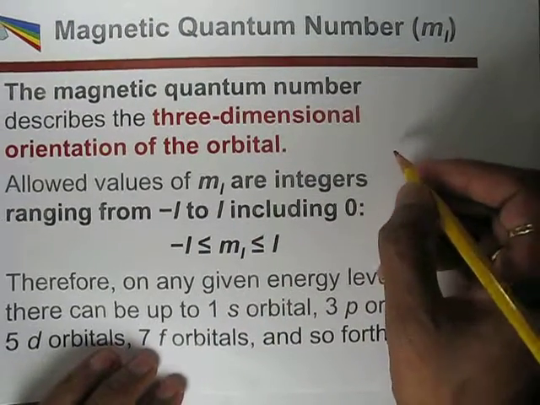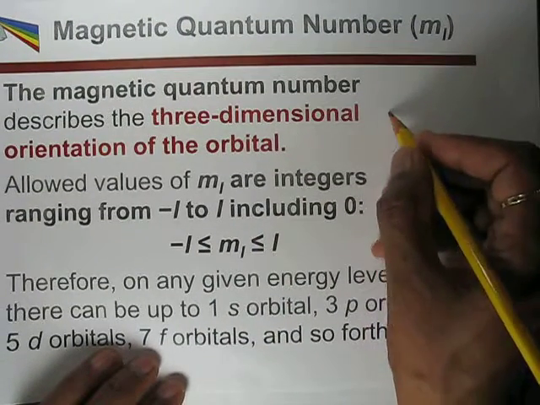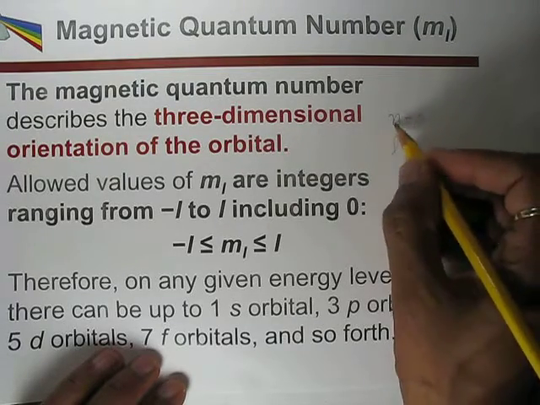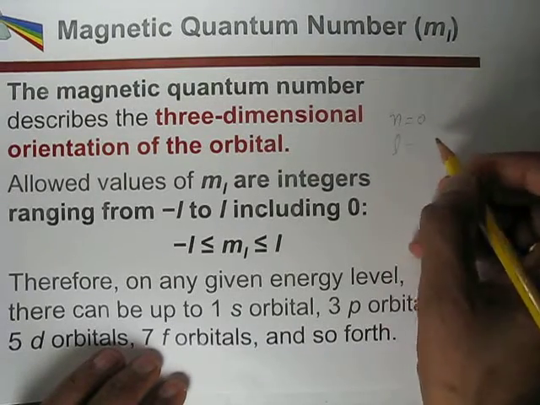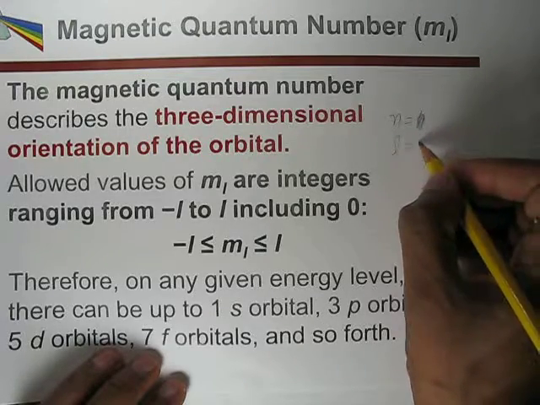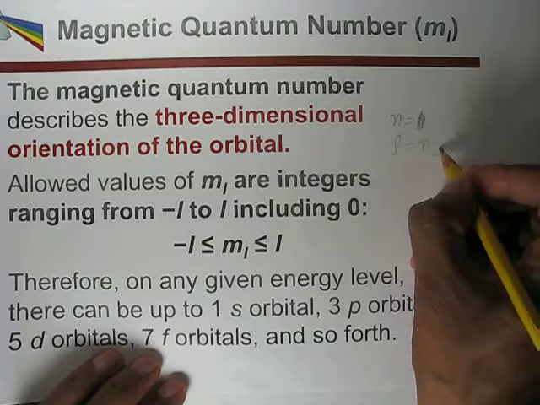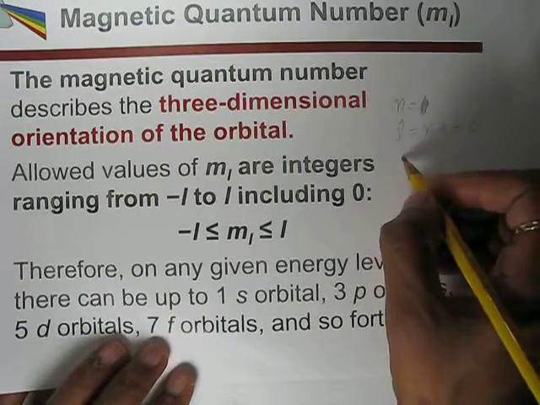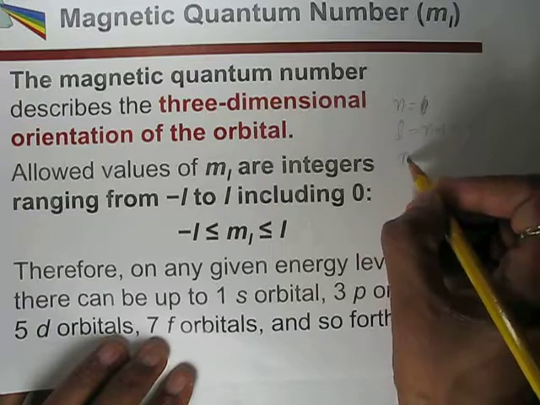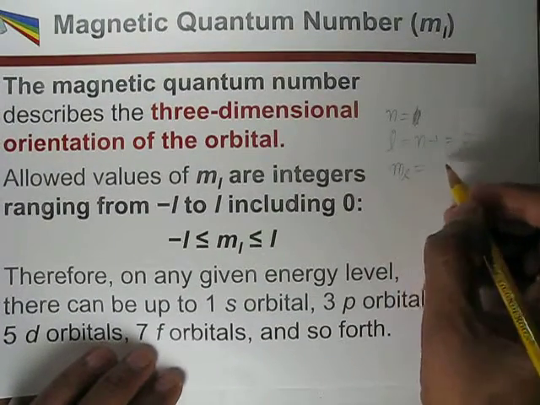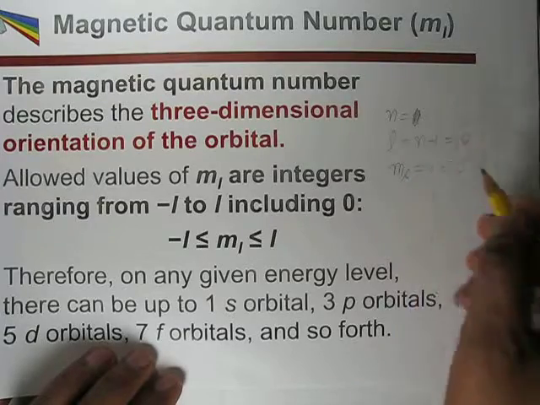For example, if small n is equal to 1 for principal quantum number, then small l will be n minus 1, which is 0, and then small ml, which is magnetic quantum number, will also be 0.